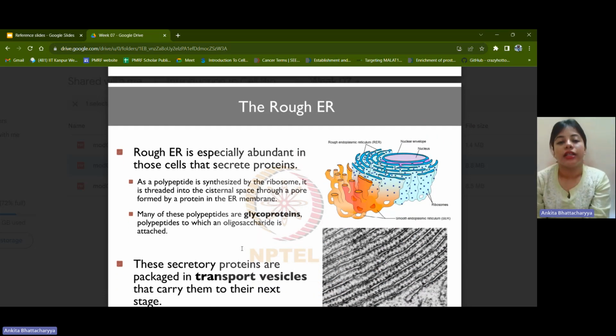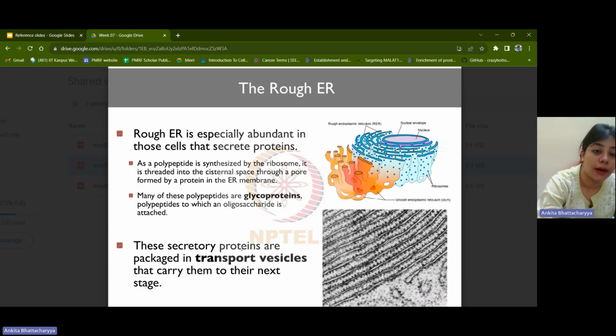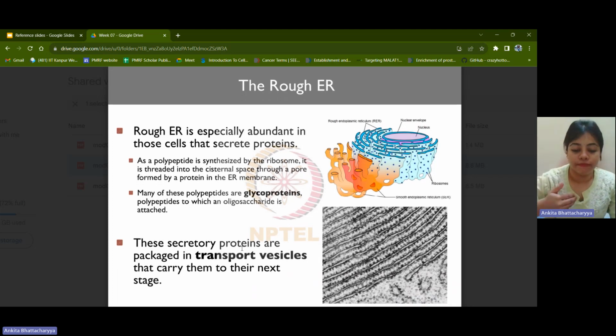On the contrary, the rough endoplasmic reticulum is involved in a different set of functions. If you look at that image, you'll be able to see this clearly. Obviously, it was colored here, so you'll be able to see the clear distinction. The percentage of smooth versus rough endoplasmic reticulum can vary to some extent.